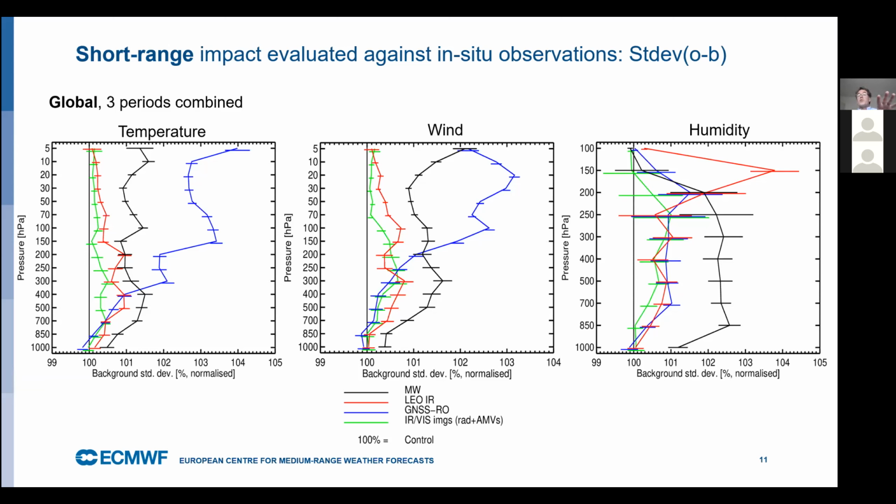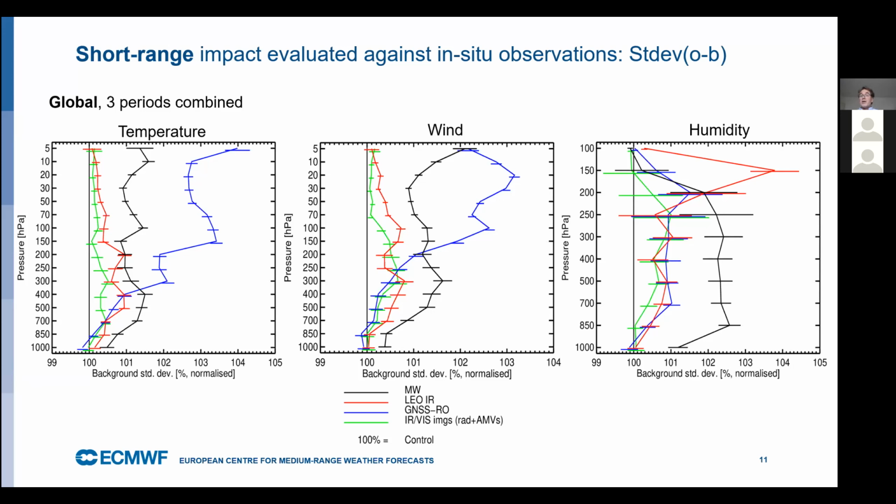Then you can look at where the other observing systems are having an impact. You can see the RO is really having the biggest impact above 300 hectopascals, and it's actually bigger than the other observing systems. But then the microwave data is having a bigger impact at 400 hectopascals than the RO, and similarly the IR is having a bigger impact than RO below 400 hectopascals.